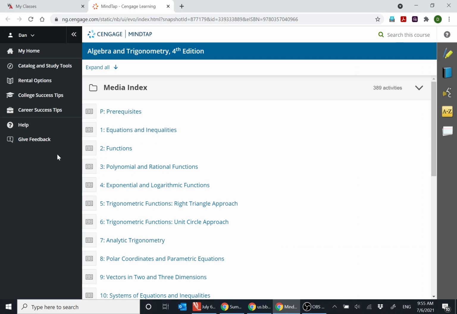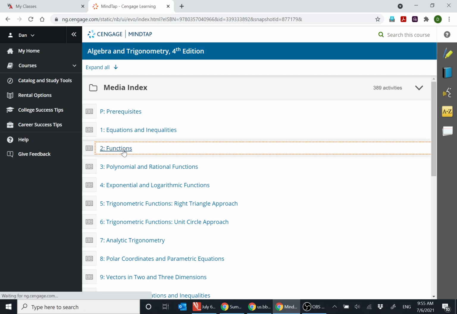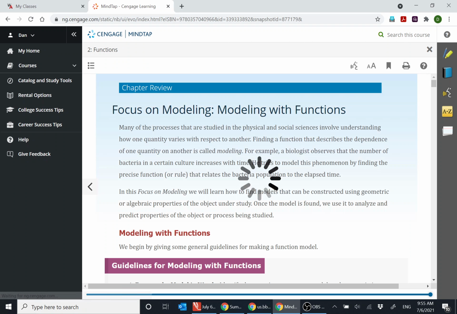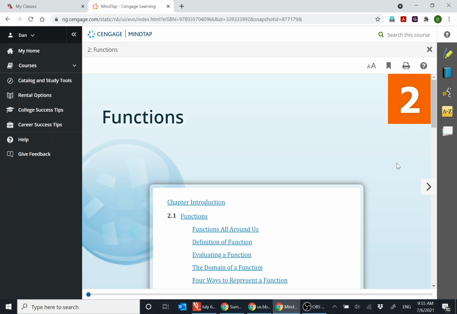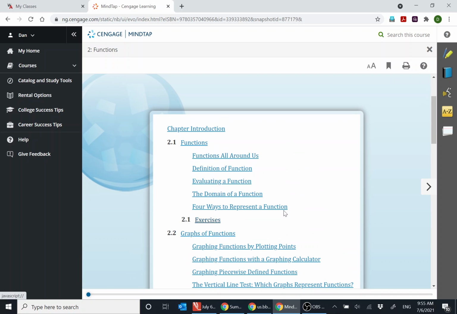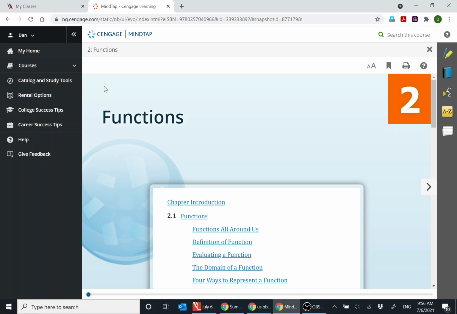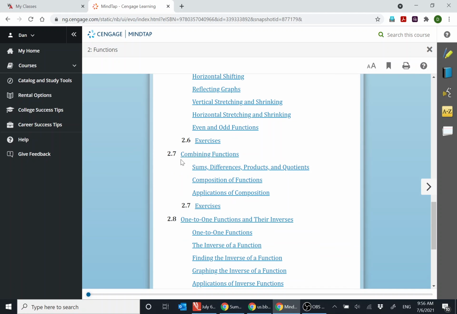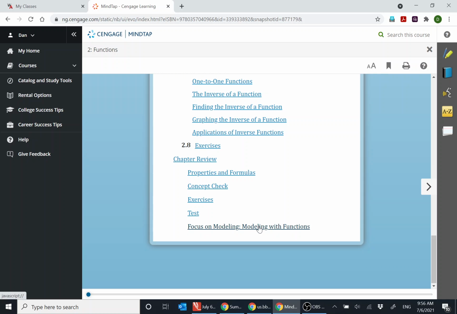If you go to chapter 2, took me right to it. Let me see. Yeah, if you click on this right here, chapter 2, and then if you click on that table of contents icon right up here, it takes you to the table of contents for chapter 2. Focus on modeling is right here.